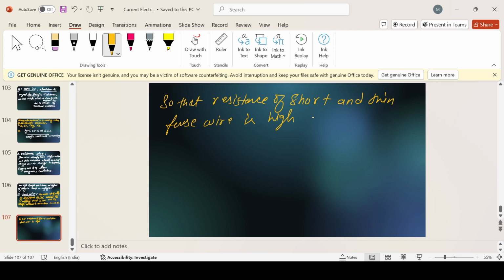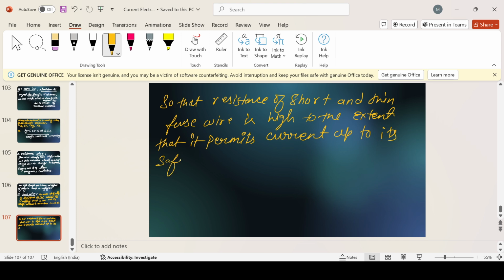Clear? Yes, sir. To the extent that it permits current up to its safe limit to pass through it.